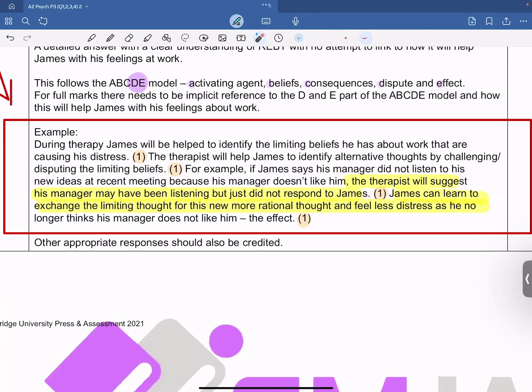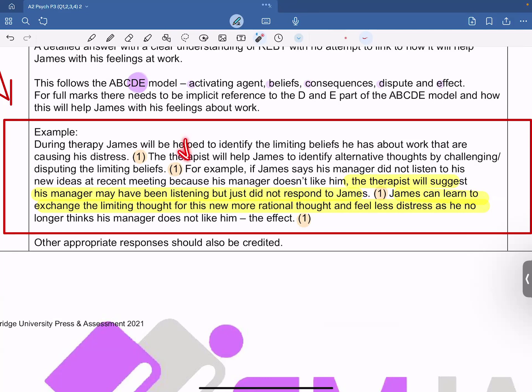So you, as a therapist, are trying to dispute, to challenge that irrational belief, right? James can learn to exchange the limiting thought for this new, more rational thought and feel less distress as he no longer thinks his manager does not like him. That is the effect part.